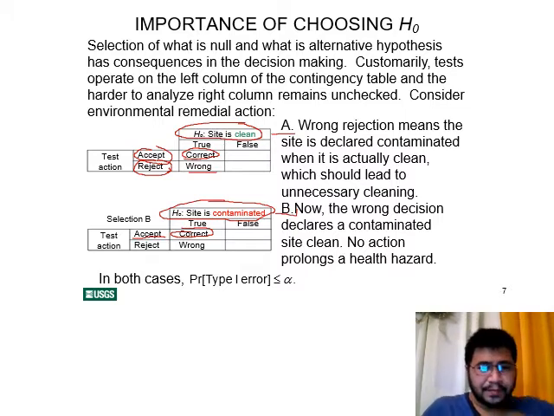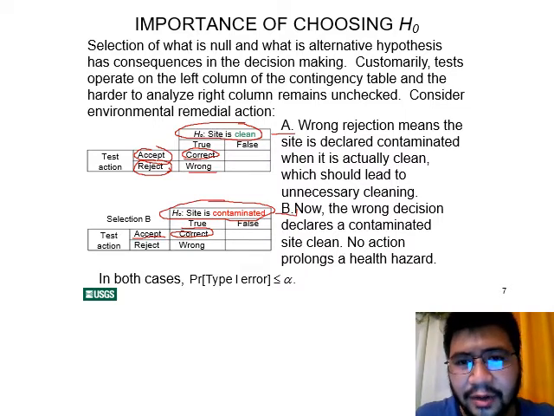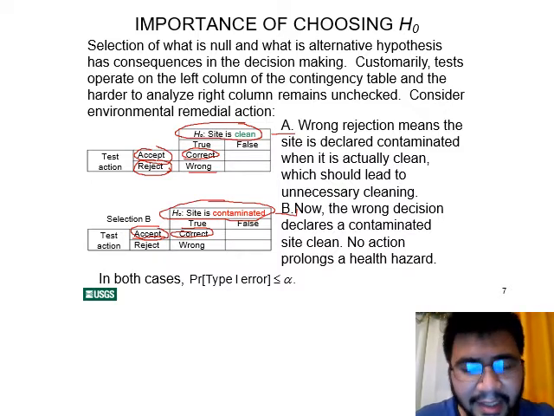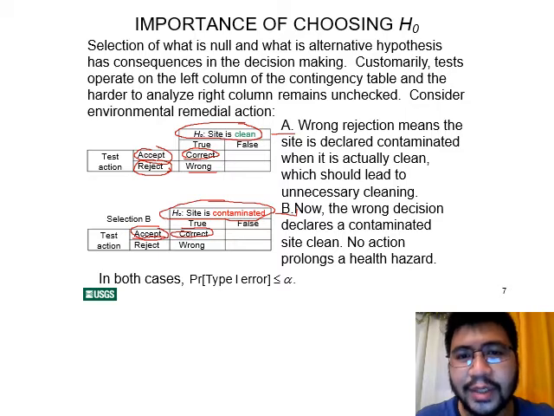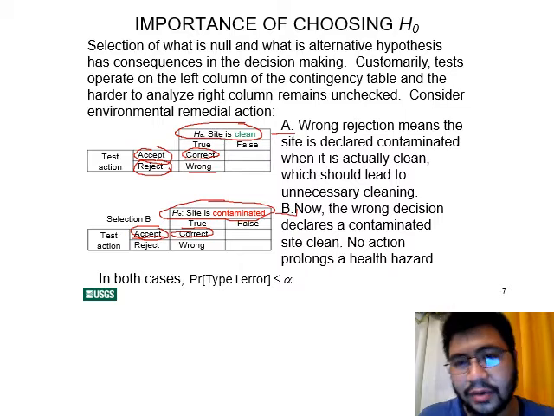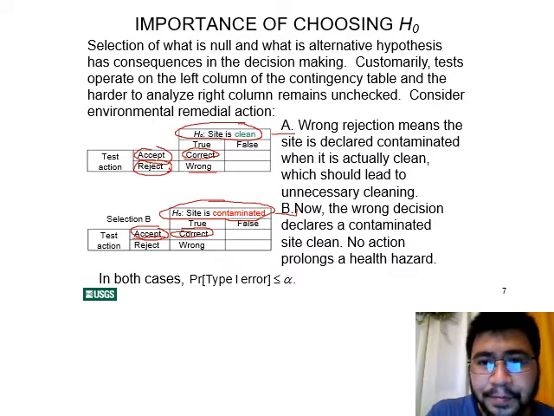So this is good, because we interpreted that the site is contaminated and it is actually contaminated. So we do some cleanup. We spend some money cleaning up the site, and we actually remove the contaminants.